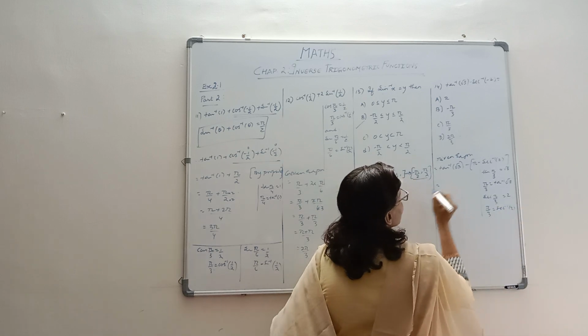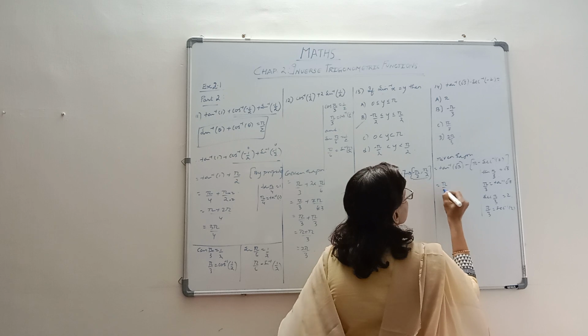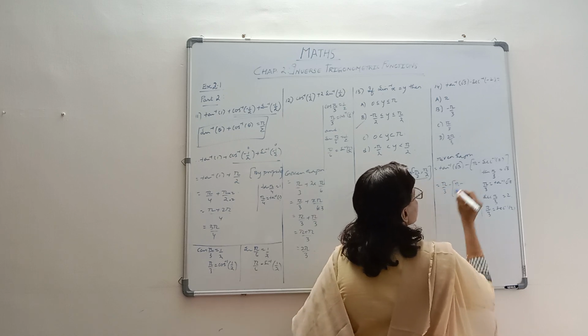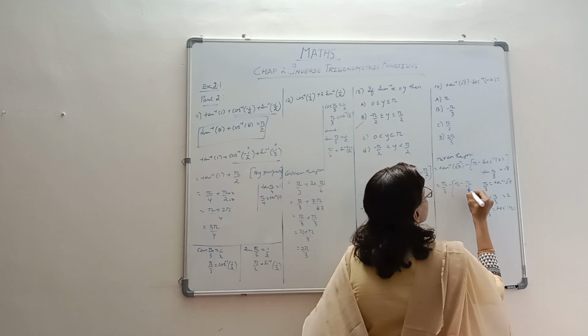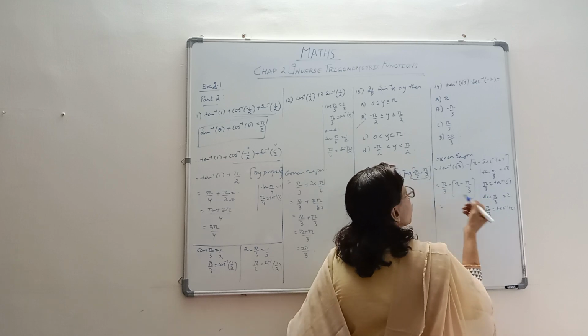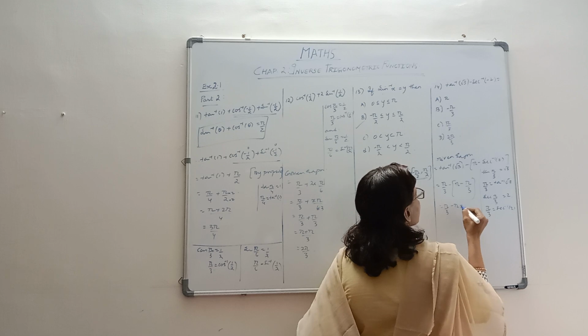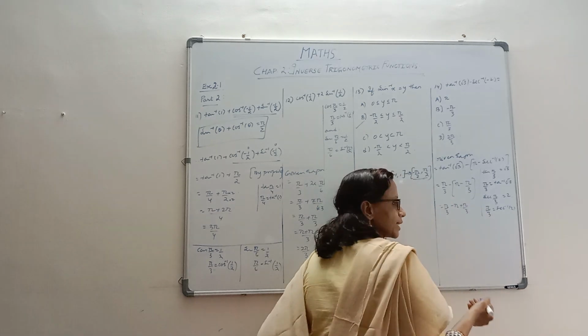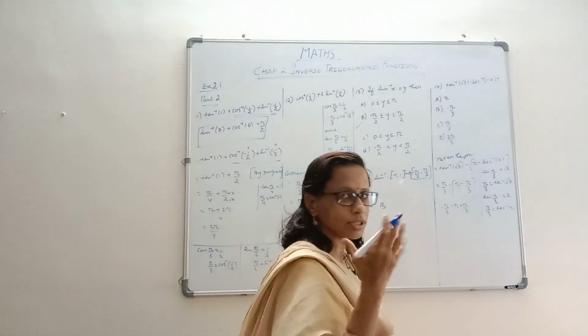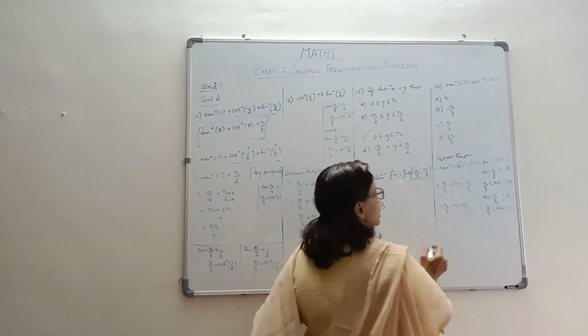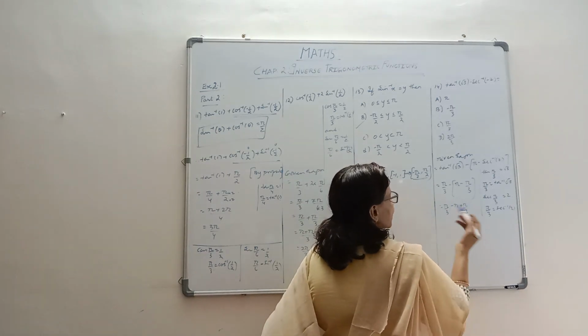Let's substitute. Tan inverse of root 3 is pi by 3, minus sec inverse of 2, which is pi minus pi by 3. So either you open up the bracket or you solve it, that's your wish. Pi by 3 minus pi plus pi by 3. I opened the bracket with the intention that something might get cancelled, but it didn't.